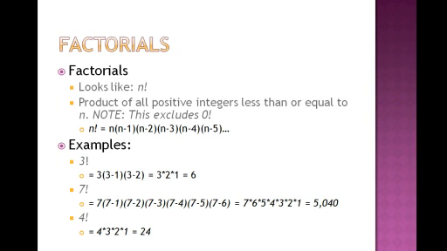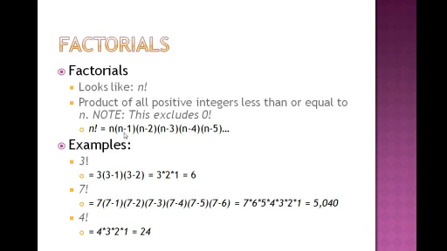Okay, but again, it does not include 0. So if we're looking to find n factorial, what basically happens is this number or letter in front of our factorial is our biggest value. n could be 10, it could be 100, it could be 99, it could be anything, but it's the biggest number.